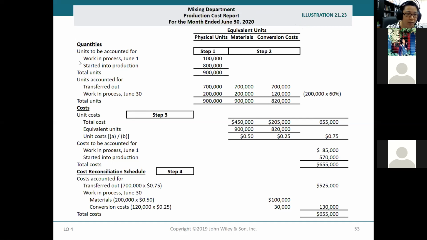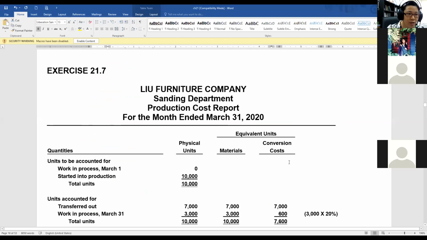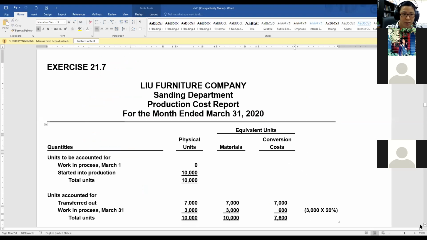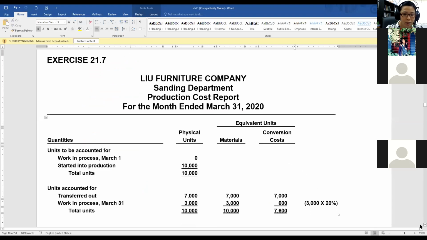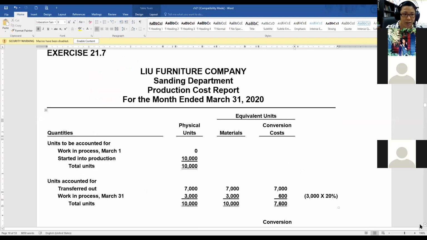Okay, Mikami, we are here in exercise 21.7. Mikami, please do exercise 21.7. Yeah, thank you. Okay, anyone give me the answer, please?